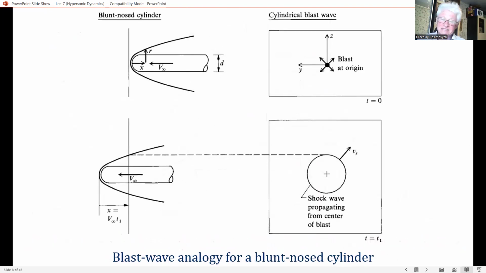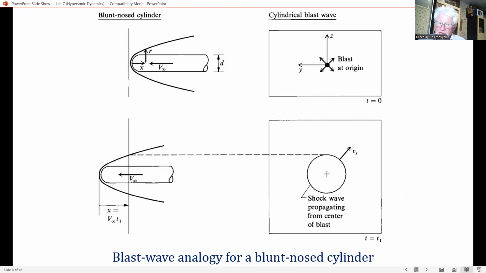A similar unsteady flow can be driven by the instantaneous release of energy at the origin, as sketched on the right side of this slide. Here, at the time when t equals 0, a large amount of energy is released at a point in the YZ plane.